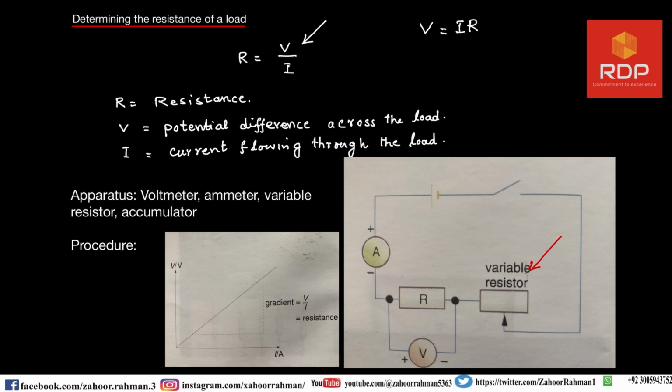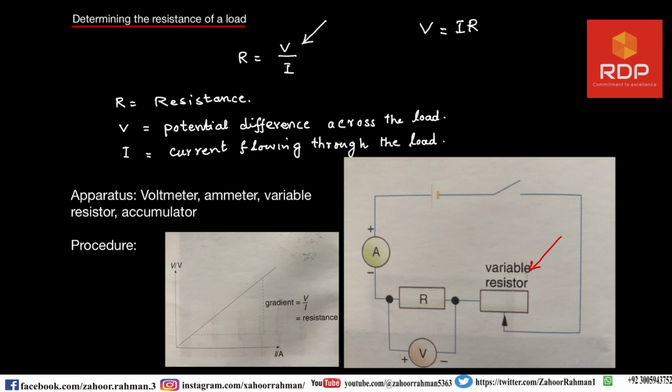You have to adjust the resistance to a high value. When there is a high resistance, few electrons will escape from the barrier, and as a result we will get a small current. Note the ammeter reading I and the voltmeter reading V, and note it down.